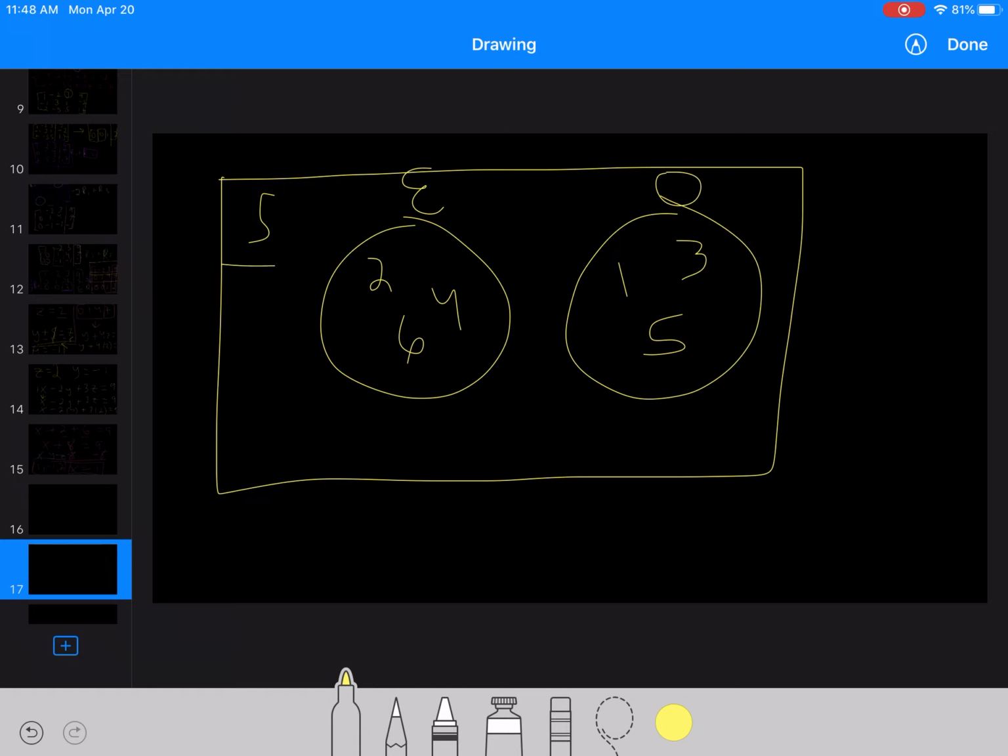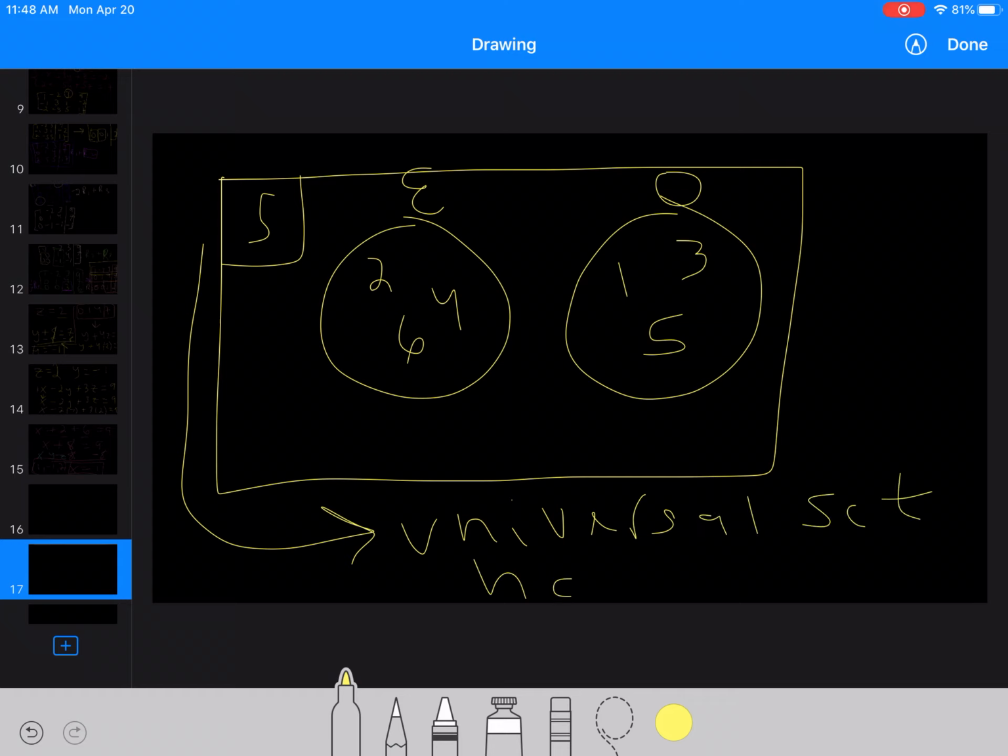And notice that in my universal set, so the S on the outside is known as the universal set, has all the numbers, has 1, 2, 3, 4, 5, and 6. Those are all numbers in this universal set because those two sets are in that rectangle.